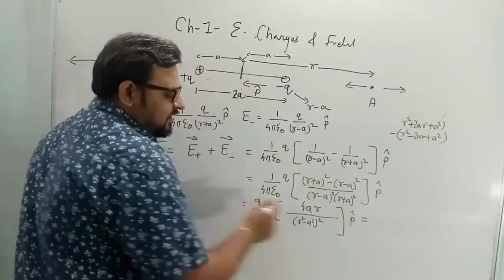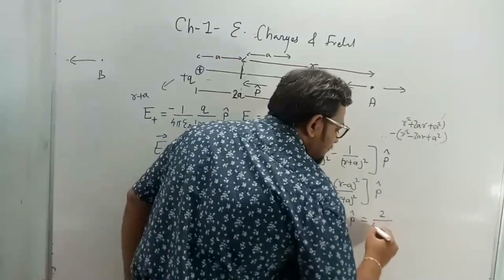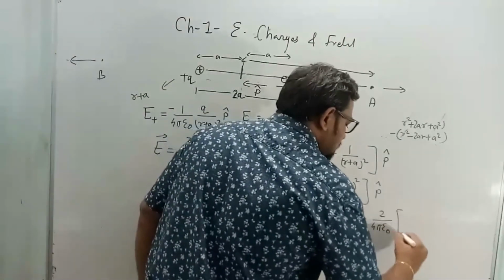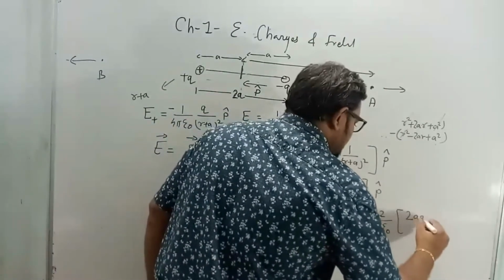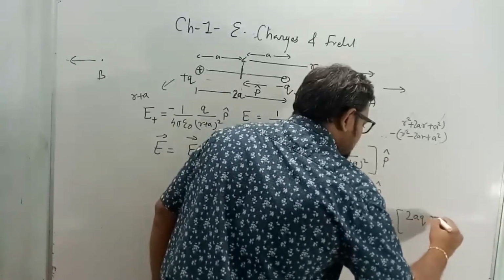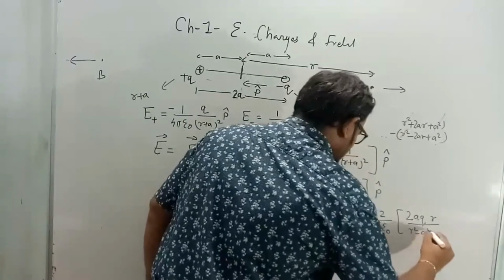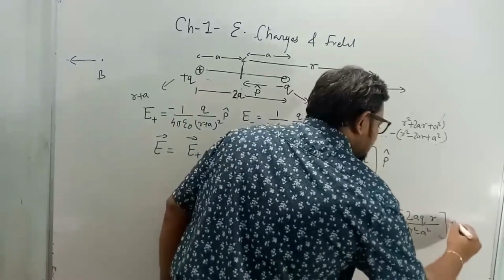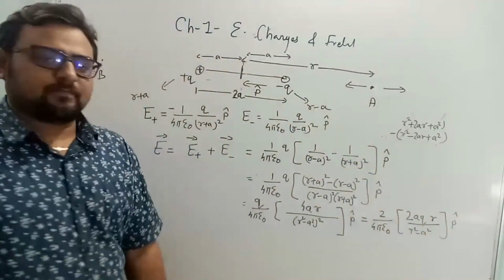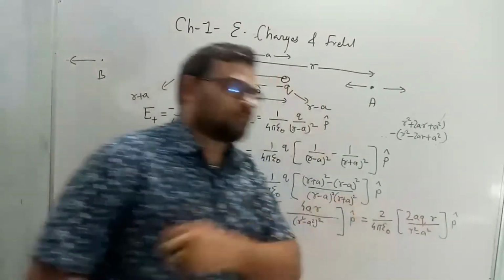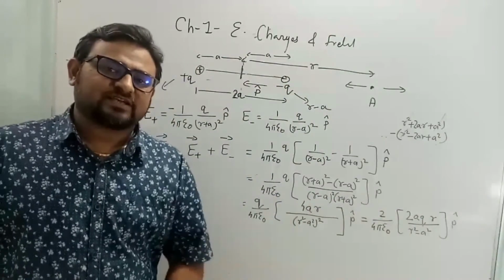Okay, so now see, I am just rearranging it. From this I am separating 2 by 4 pi epsilon 0, 1 to 2aqr upon r square minus a square into p. Okay, so now see here, what is 2aq? We had discussed earlier today.